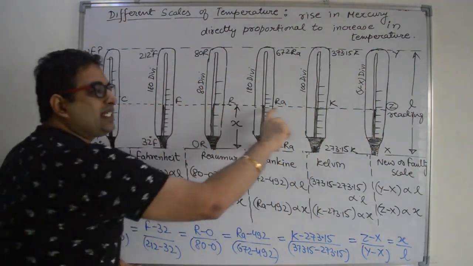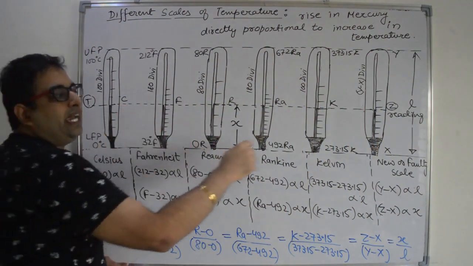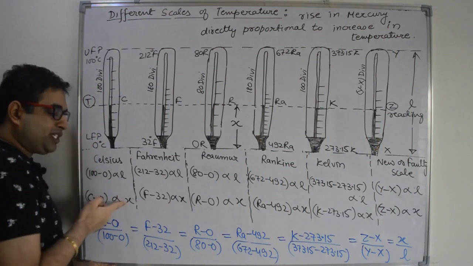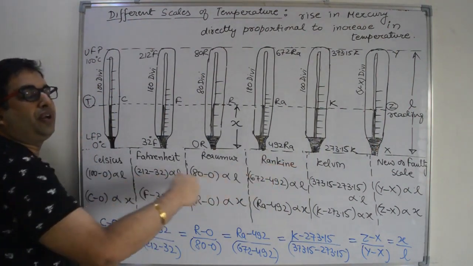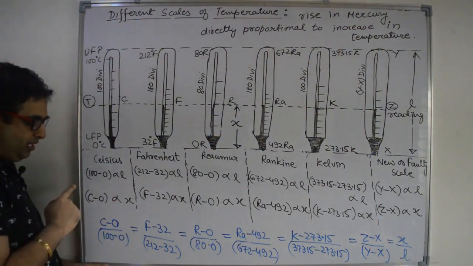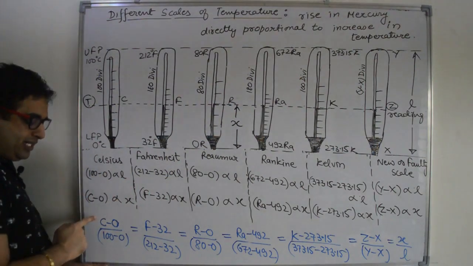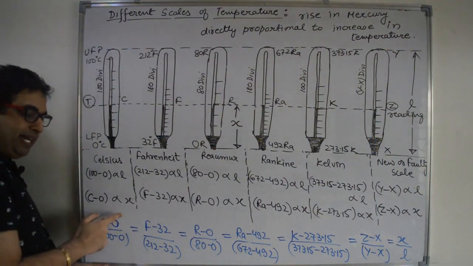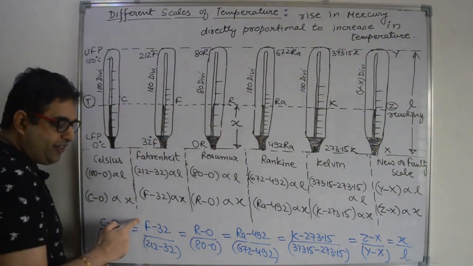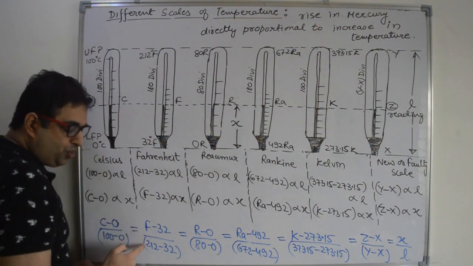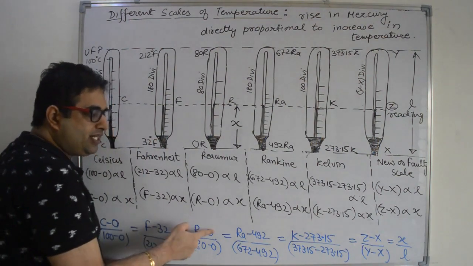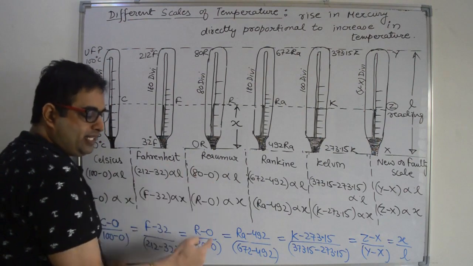Now all the scales have the same value of x and the same value of L, the total height, right? So the x by L ratio is the same for all the different scales. Let us calculate the x by L ratio. First, for degree Celsius, it is C minus 0 divided by 100 minus 0. For Fahrenheit, it is F minus 32 divided by 212 minus 32. It is equal to R minus 0 divided by 80 minus 0.